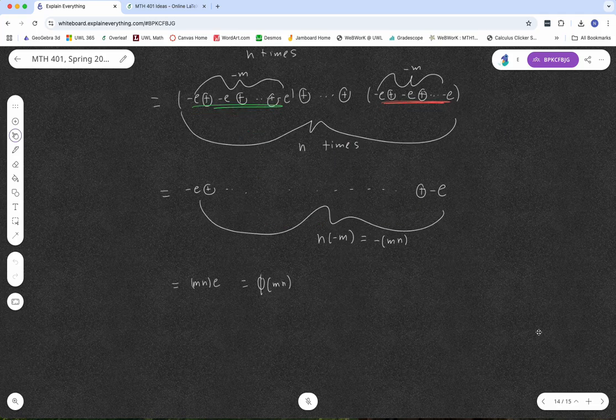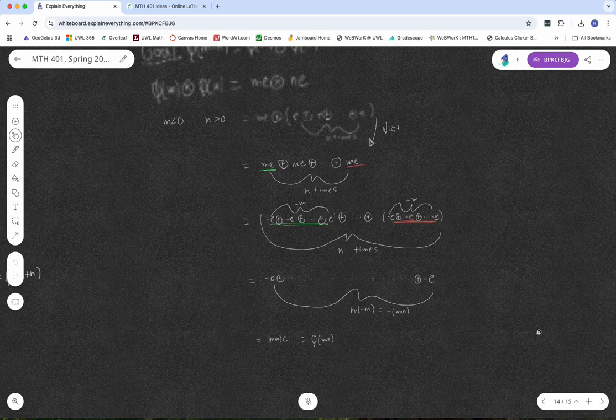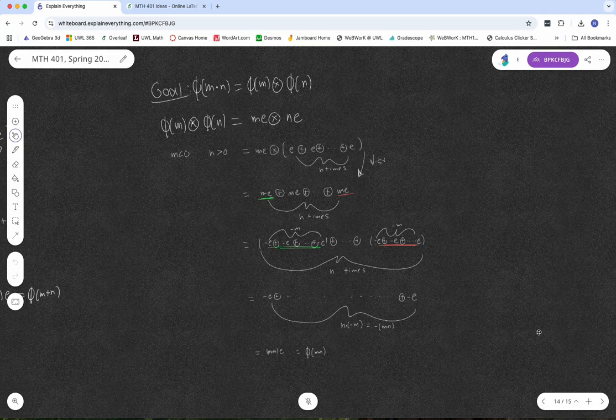Phi of m times n. That's probably the hardest case of the isomorphic structure.